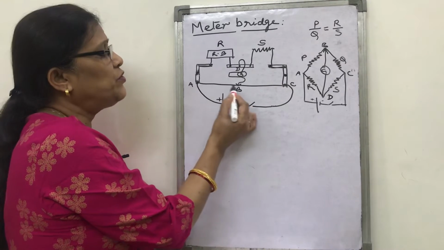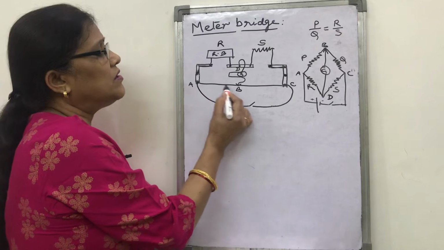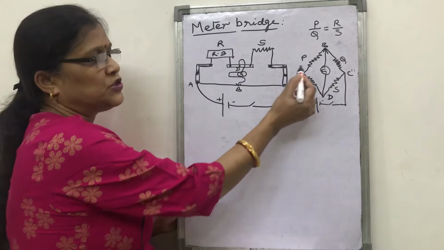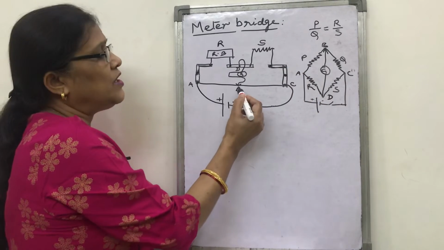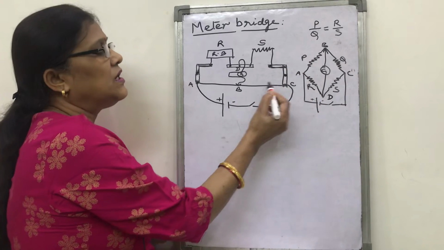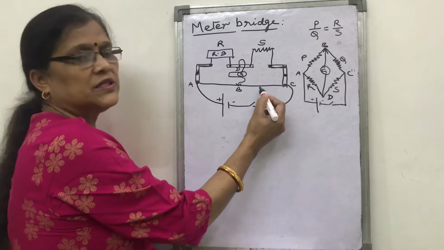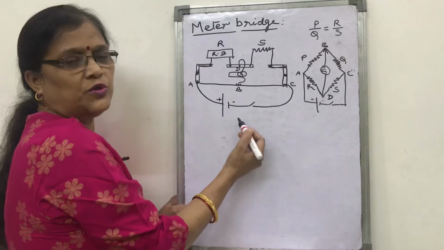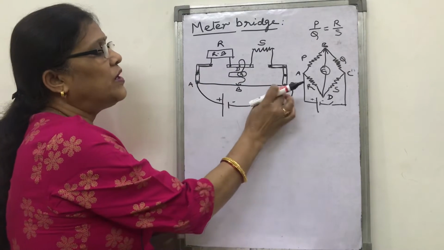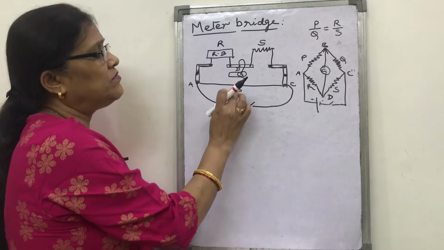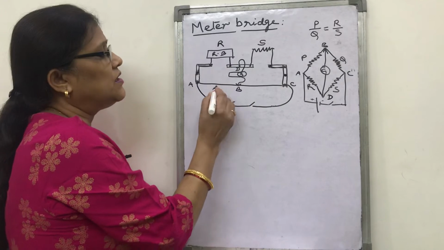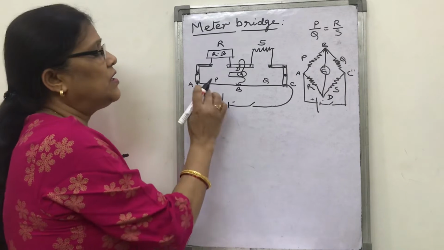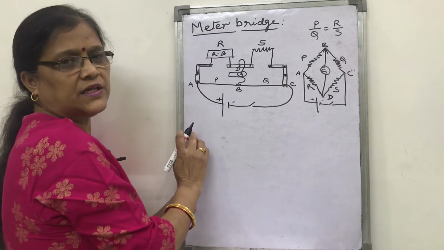So this A to B, the wire's length, its resistance corresponds to P, and B to C, its length, resistance is directly proportional to length, so this corresponds to Q. This whole 1 meter long wire is divided with the help of B in the 2 sections P and Q, and a 1 meter scale is attached here.